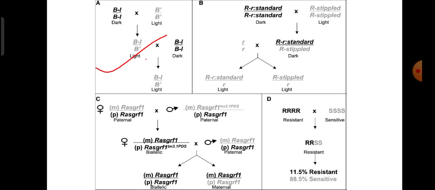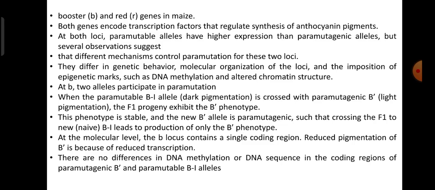So light pigmentation is obtained because here the B dash is working on B1. That means this B dash is paramutagenic and B1 is paramutable. Okay, so again when F1 is crossed with B1 which is a dark one, again it gets silenced and it will give the light anthocyanin pigmentation.